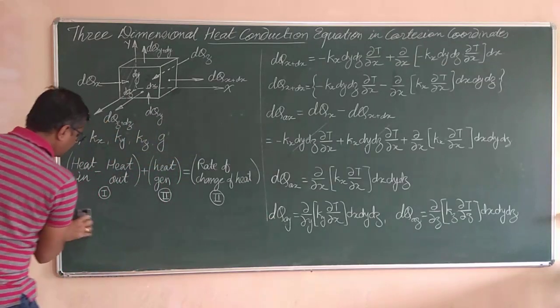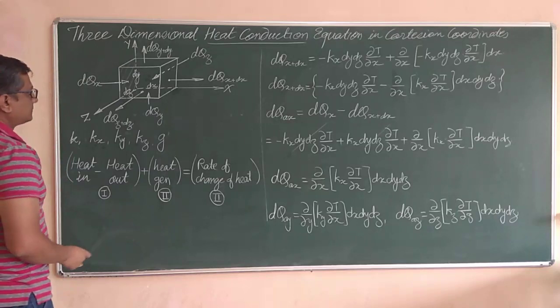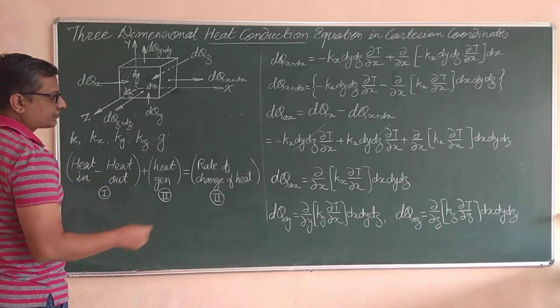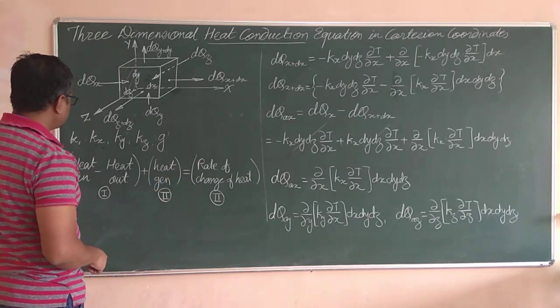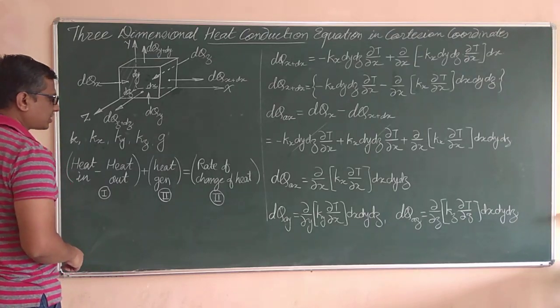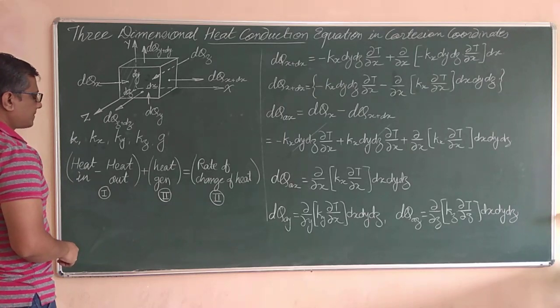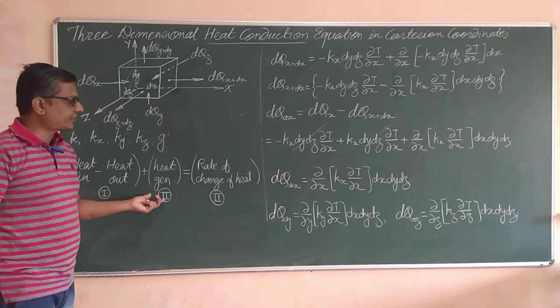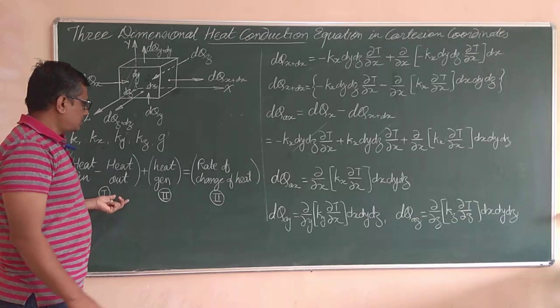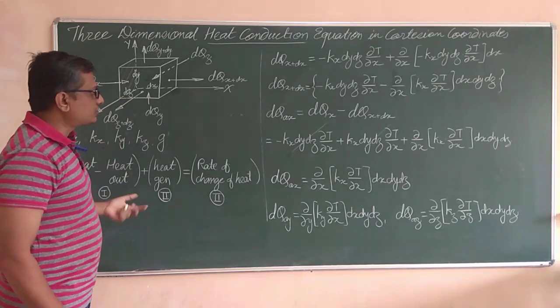I will try to fit it over here itself. If I take the addition of all these, I will get the term dqa, the heat accumulated. Just remember this equation, since right now I am going to erase this part, even this part also, so that I can get more space.